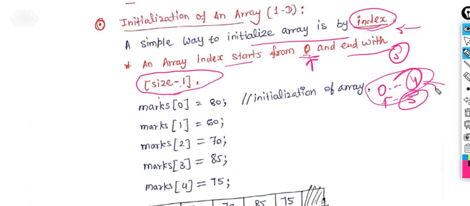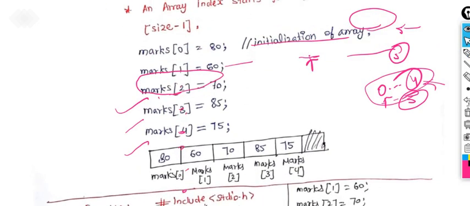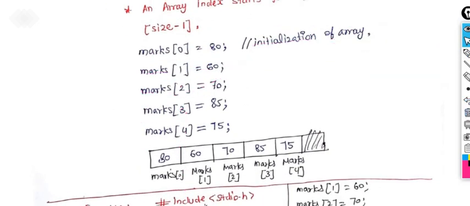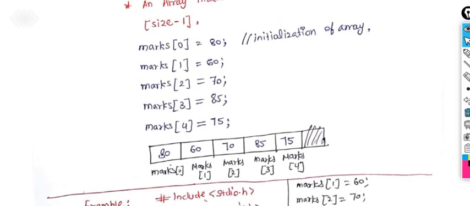Okay, so marks[0], marks[1], within the subscripts here we have to write the index value. With the help of the index value you can assign the value at that particular index. So just look over here at this particular syntax, the memory allocation, and this is the initialization part actually.